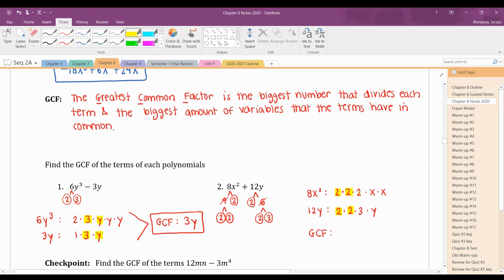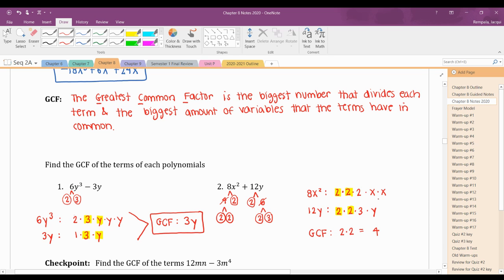I see another 2 on the top, but I have no more 2s on the bottom. So I can't highlight that 2. I have a 3 on the bottom, but I have no 3s on the top. So I can't highlight that 3. So it looks like because I highlighted 2 sets of 2s, 2 times 2 is going to be my GCF. So 2 times 2 is 4.